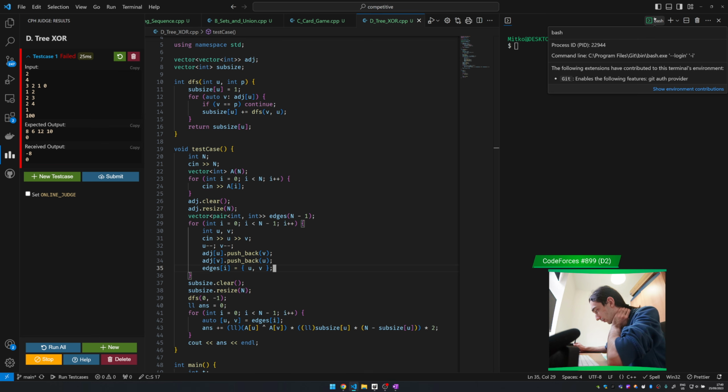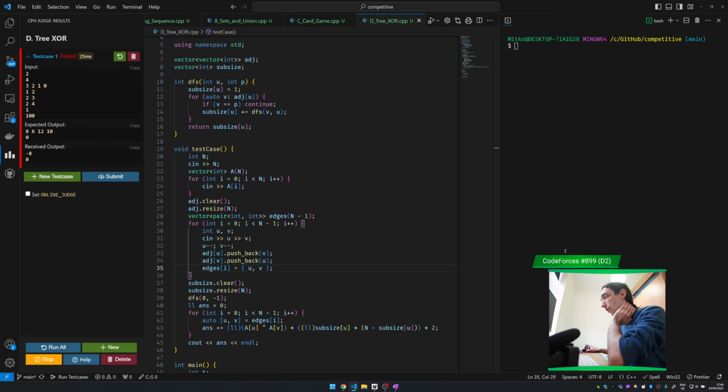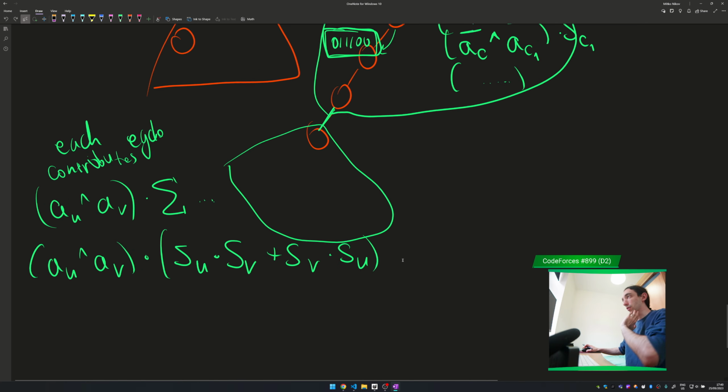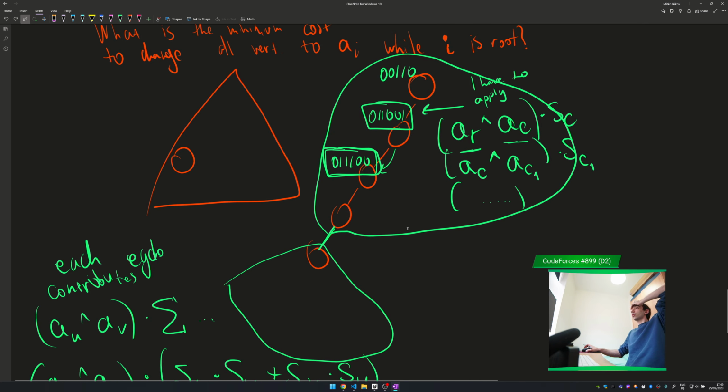Okay, so wait, my answer is smaller than the sum of all of these, right? Okay, let's say in this root node, in this scenario, we have all of these edges that are not in the root node, so that are not of these.